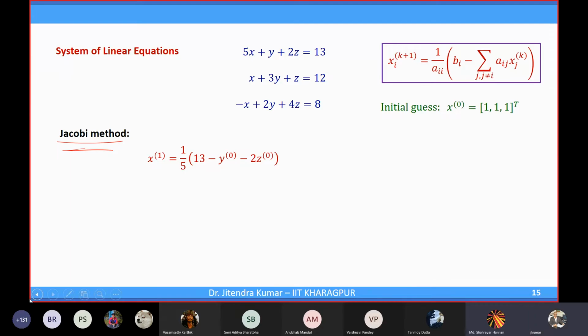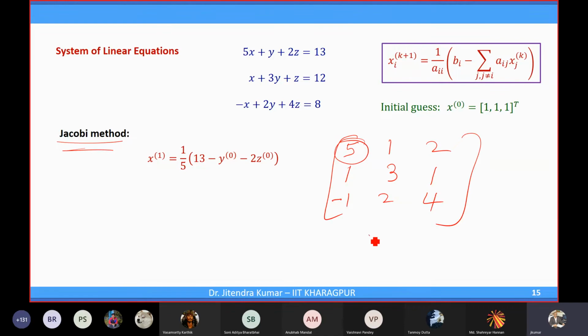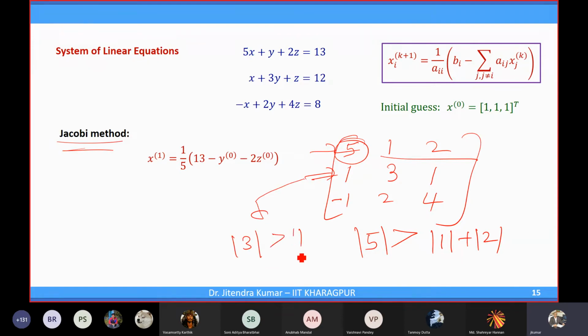Sir, what does diagonal dominant mean? I explained it before. You were present in the last lecture and today also, in the beginning, but you missed that portion. Diagonally dominant means that the absolute value of this diagonal entry, which is 5 here, is bigger than the sum of the rest in this row. In the second row also, 3 is greater than the absolute value of 1 plus 1, that is also done.